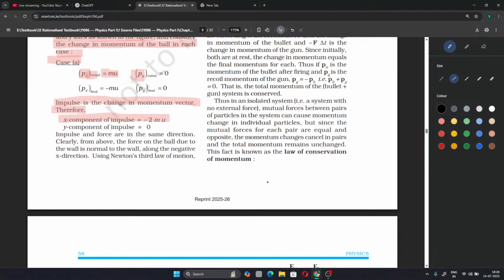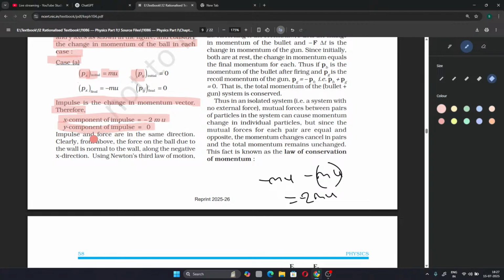So the change in momentum is minus mu minus plus mu, which is basically minus 2 times mass times velocity, or we can say speed. But since the direction is considered negative here, we need to call it velocity. The y component of the impulse will remain 0 here in the first case.